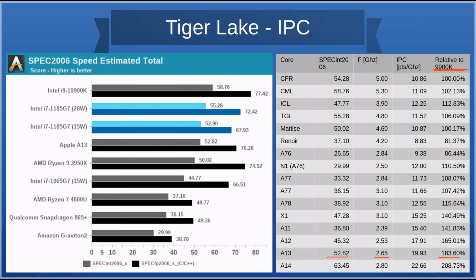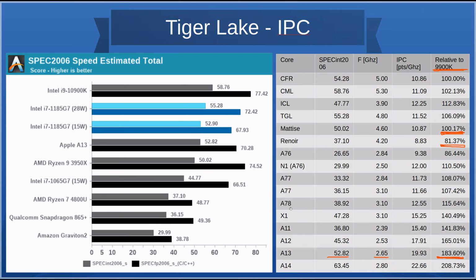And this is the problem, because even Zen is really close, almost identical to Coffee Lake Refresh here in SPEC 2006. So you can see even Zen 2 is outperformed by the Apple A13 in a really massive way. And Renoir, with a decreased IPC, has an even bigger problem. It's more than double the IPC.